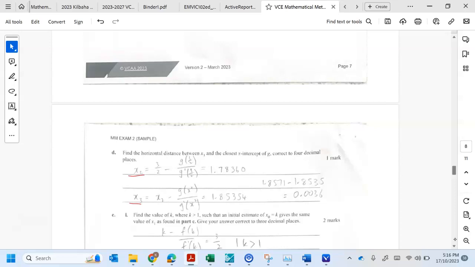You could do the sequence like I showed you before. Just make sure you put in the correct values for g of x and g dash x. So x3 is equal to this. So we had the actual x-intercept minus our approximation, x3, and there's the difference.